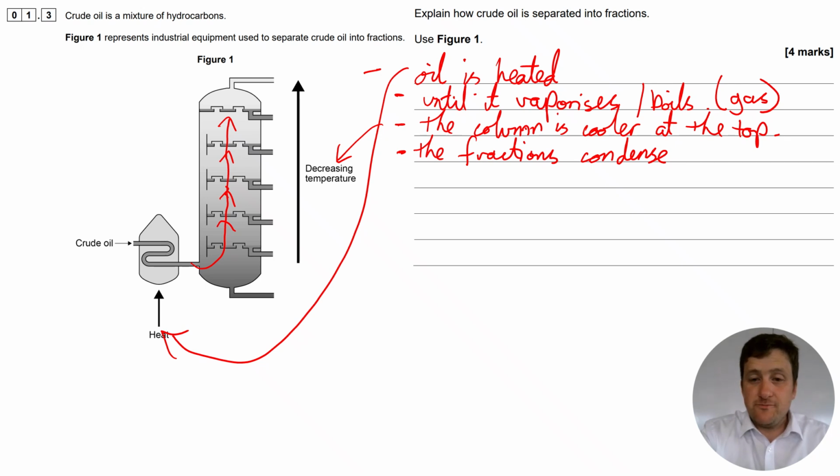Fractions condense at different boiling points, or at their boiling points. We can say at different heights within the column. There's a variety of different ways to say it. That's why the column is cooler at the top is so important, because it includes the temperature within that. I tend to talk about boiling points because it's a big part. Condensation is at a boiling point. So they condense at their boiling point.